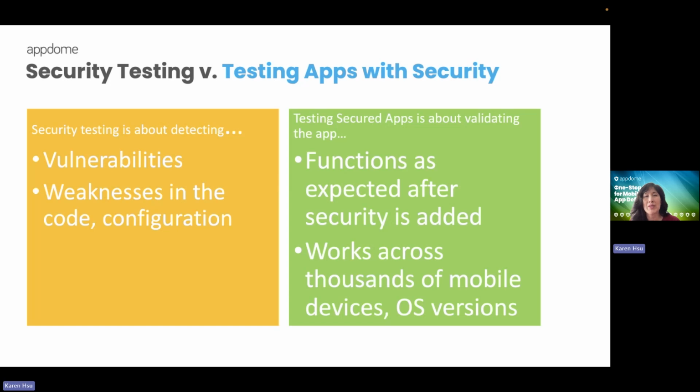You'll also hear about SAST and DAST vendors, so companies that do static application security testing or dynamic application security testing. And that is vastly different than testing secured apps or validating that the app is functioning as expected after security has been added to the app and that the app works across thousands of mobile app devices and OS versions. So security testing versus testing apps are different, and they also have different challenges.